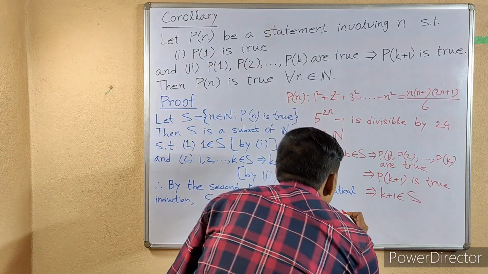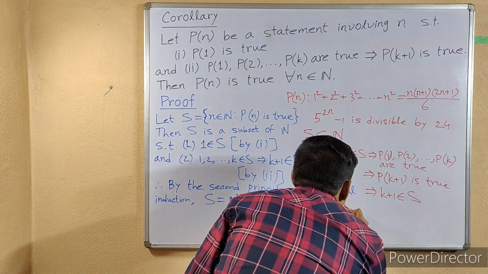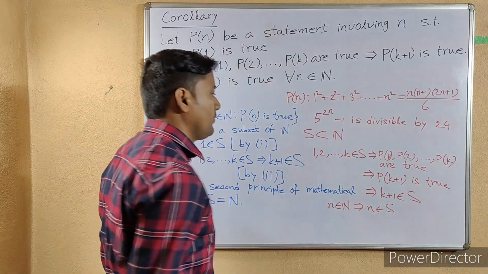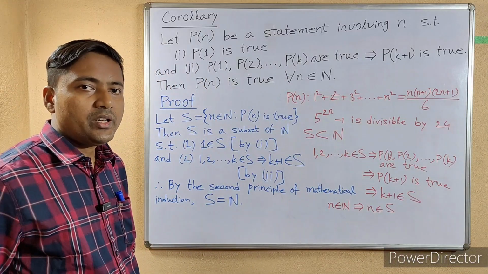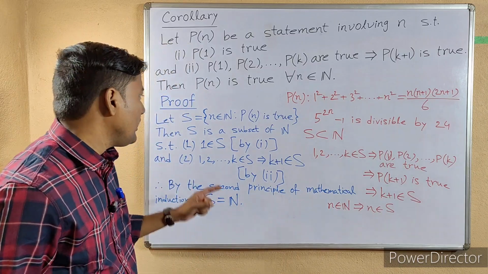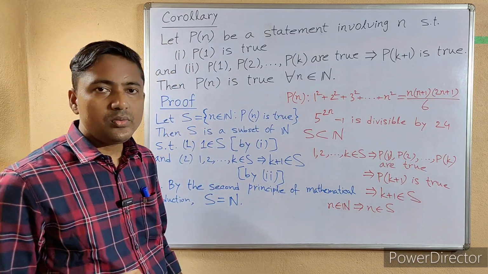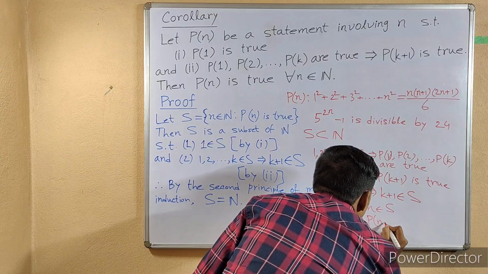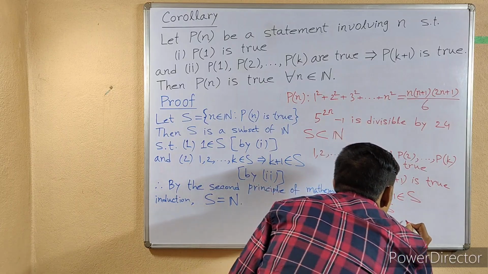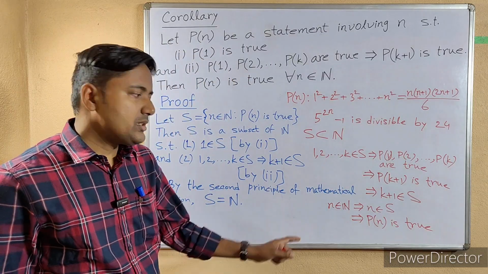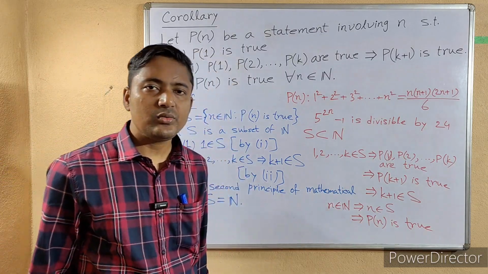So n belongs to N implies n belongs to S. Okay, and this implies what? n belongs to S implies Pn is true. So this implies Pn is true. Thus n belongs to N implies Pn is true.